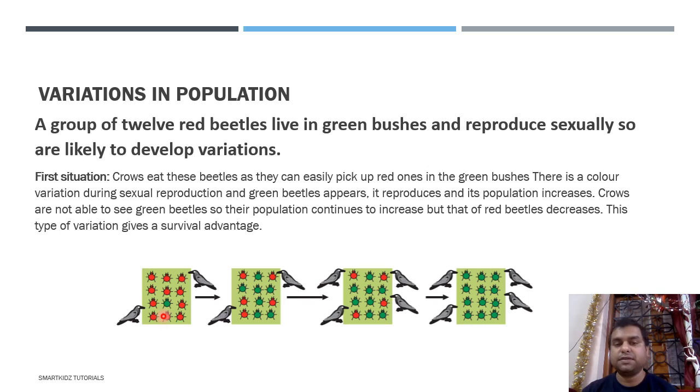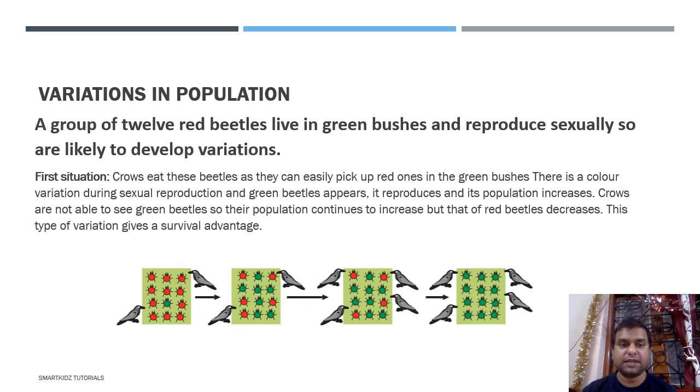See, red beetles, if you see, are more in number over here, showing that it's a dominant trait, the color, whereas green is a recessive trait. But the green beetle overtook that bush mainly because of the survival advantage because of its color.